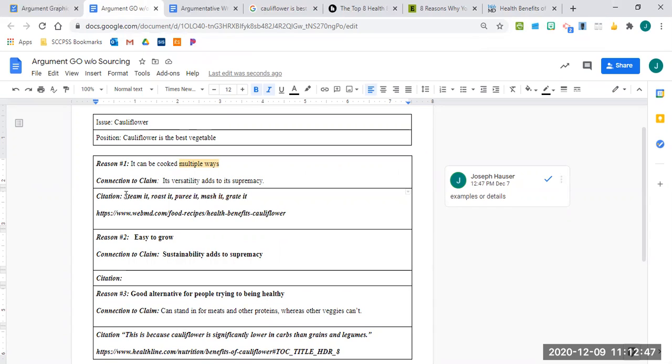But with regards to cauliflower being the best vegetable, I am going to give myself the leeway here because I'm just demonstrating the skills that I use and it can apply to all sorts of argumentative writing regarding cauliflower, or other more serious topics.